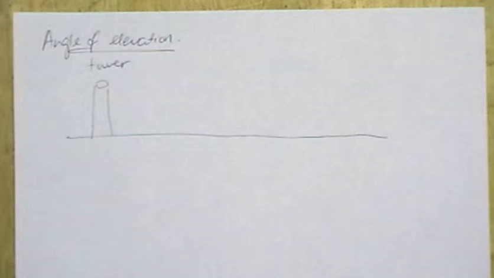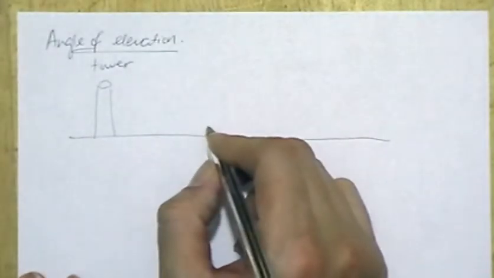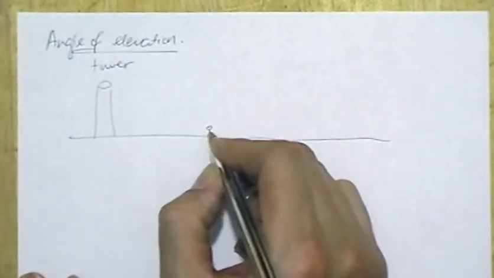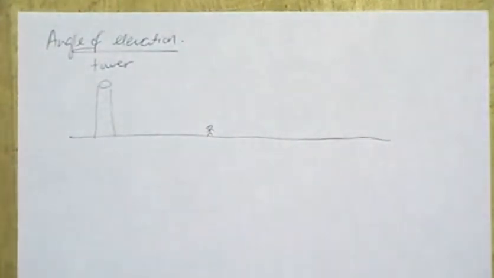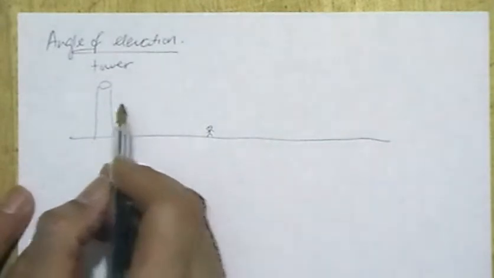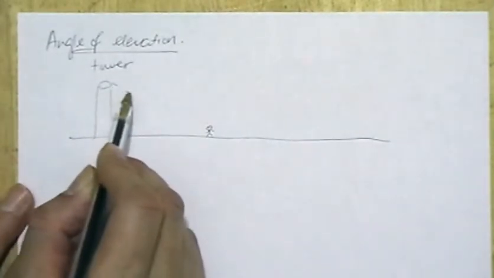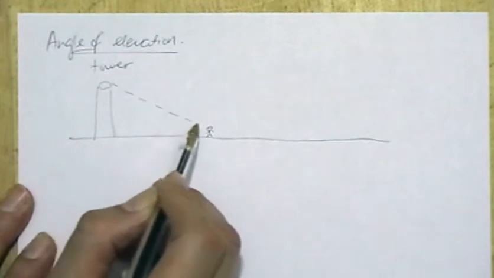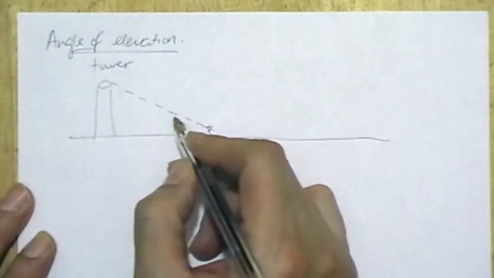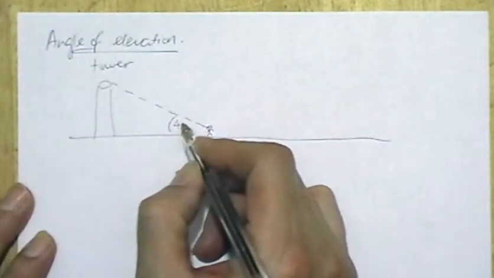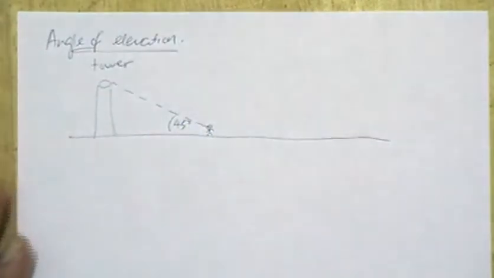And there is a person somewhere here. When he is here, he looks up at the top of the tower and he measures that this angle is 45 degrees.